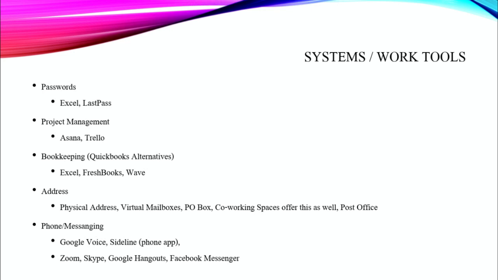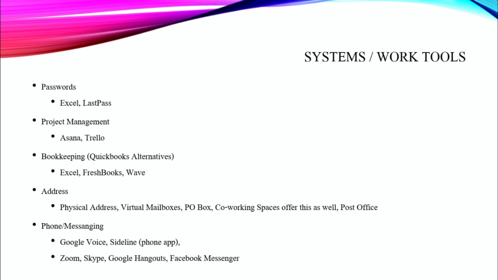As far as phone and messaging system, you can definitely use your cell phone, but if you don't want your number out there, and you don't want to go get an 800 number or something like that, you do have the option of getting a free Google Voice number. Again, you can Google that and you'll find it pretty easily. And there's something called Sideline. This is one of those apps that you can put on your phone, and once you download the app and it generates a phone number for you, this number is specifically for your business.